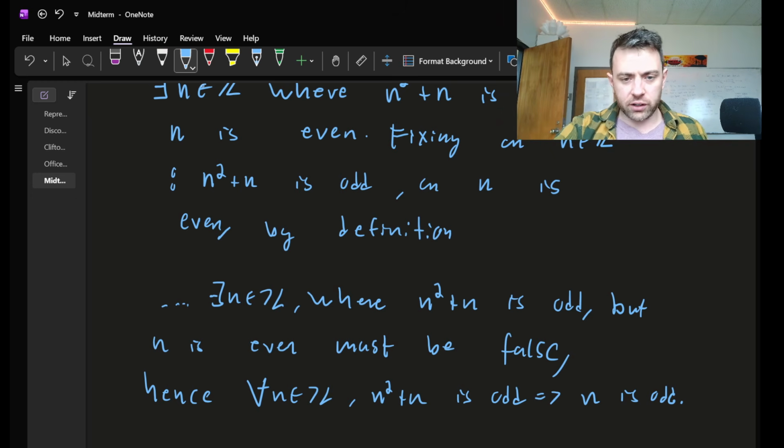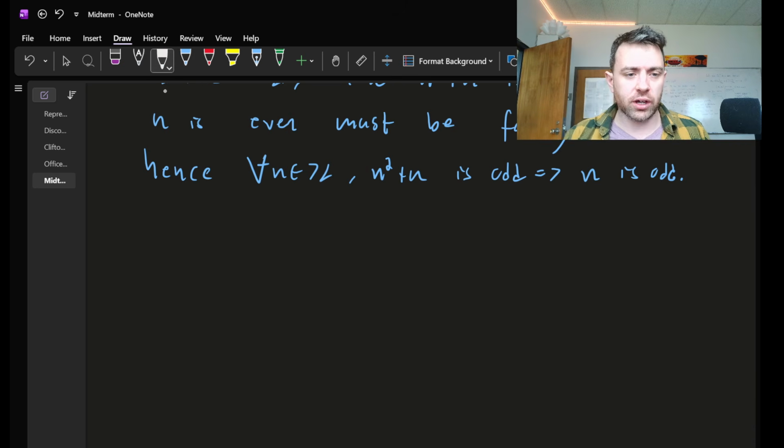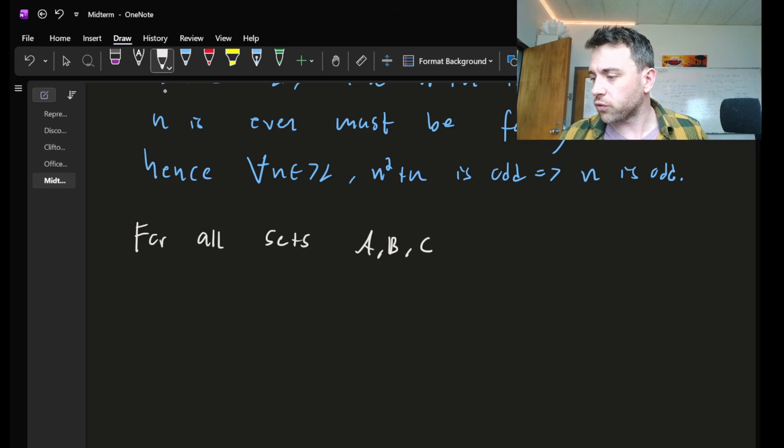So next, we're going to go on to what's this problem here? So for all sets A, B, C, we have to prove or disprove the statement. So we have to first figure out if it's true or not, and then we have to try to prove it.